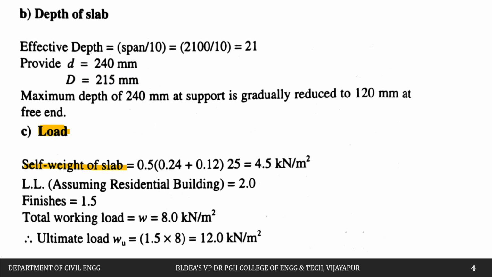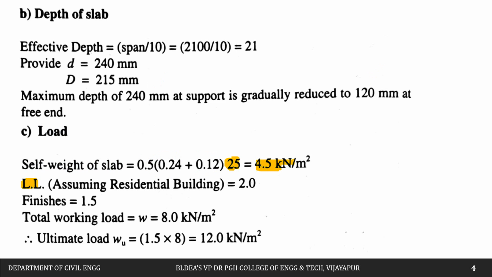If you calculate the self weight of the slab, we have taken a tapered section, 240 mm near the support and 120 mm at the free end. So we take the average depth, that is 0.24 plus 0.12 divided by 2, multiplied by the density of concrete, that is 25. We get 4.5 kilonewton per meter square.